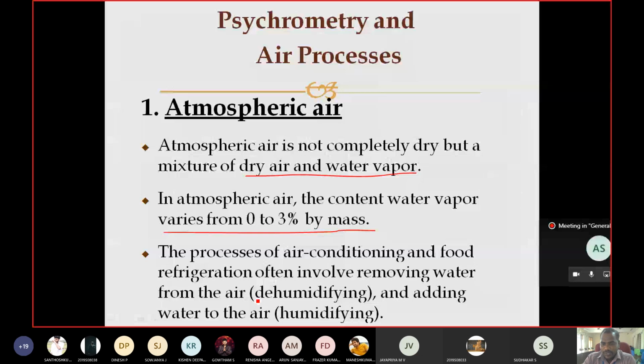If you remove the water vapor from the air, that is called dehumidifying. If you add water to the air, that is humidifying. So there are two processes. We need to dehumidify or humidify, whatever we want.